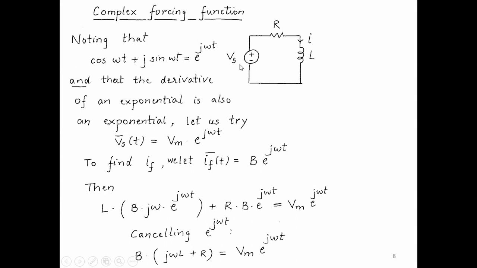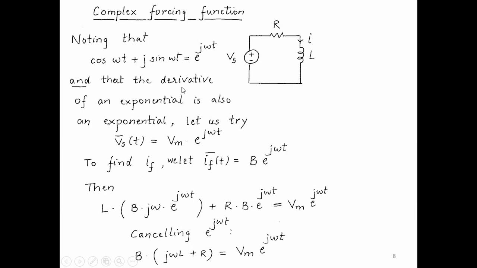We say, well, let us try applying a complex forcing function to our circuit. This circuit we just studied in detail, we just finished the first part of this lecture. So now instead of Vs being Vm cos omega t, let Vs be Vm e raised to j omega t.